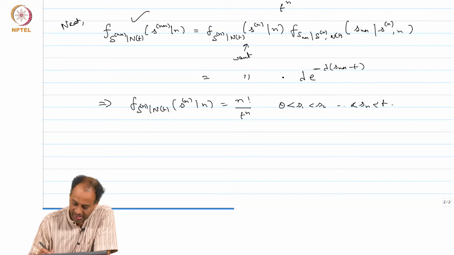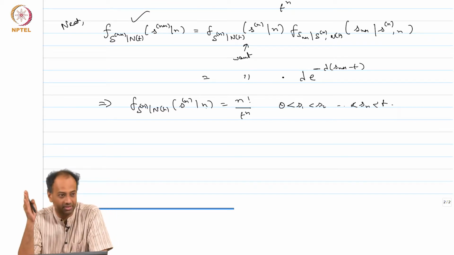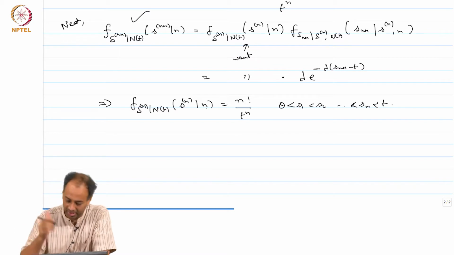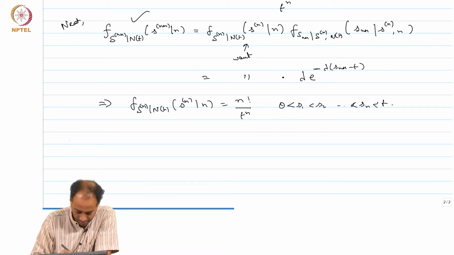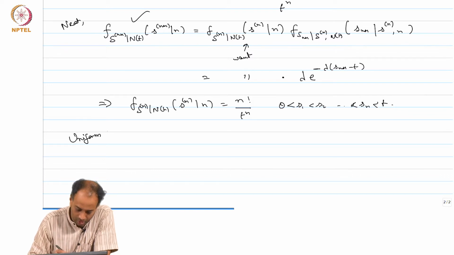So, this is the conditional joint density of the Poisson arrival epochs given N(t) equal to n, right. Now, you consider uniform order statistics.